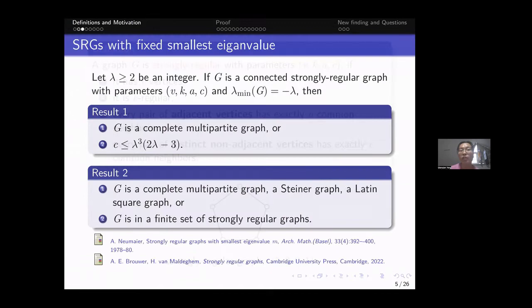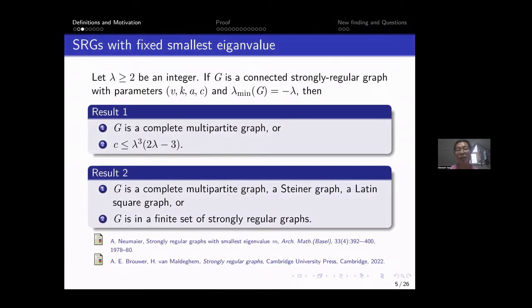For strongly regular graphs with fixed smallest eigenvalue, we have such results. We knew that for strongly regular graphs, either it's a conference graph or its smallest eigenvalue is an integer. So we assume that lambda is an integer.